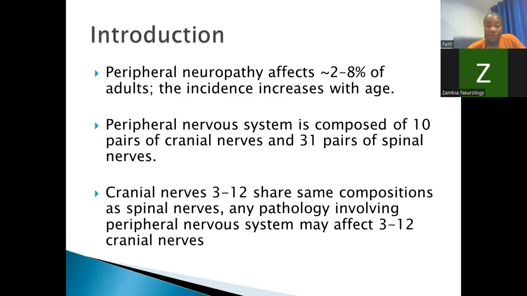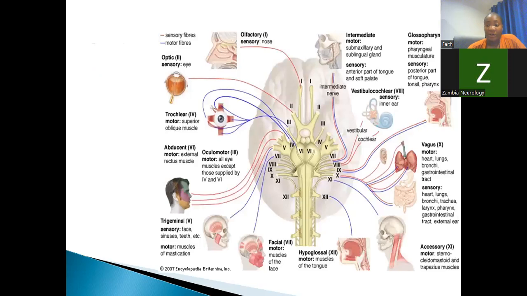And like I mentioned, cranial nerves 3 to 12 do share some composition with spinal nerves. And so any pathology that involves the peripheral nervous system can also affect cranial nerves 3 to 12. This is a diagram that shows all the 12 cranial nerves, and the ones that can be affected in peripheral neuropathy are from 3 all the way up to 12.